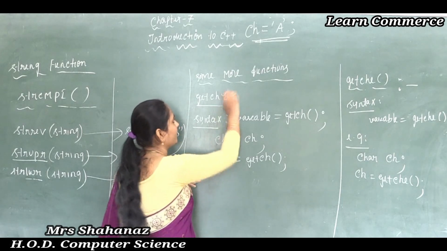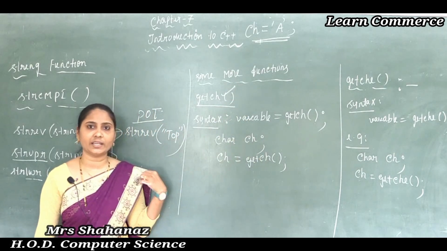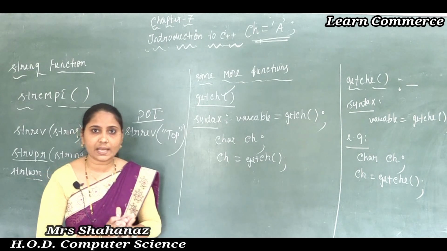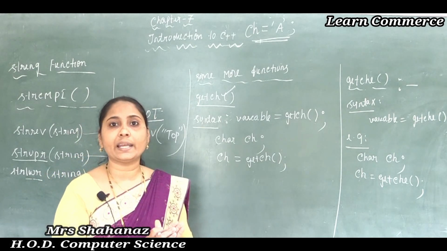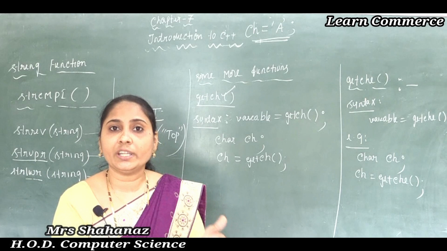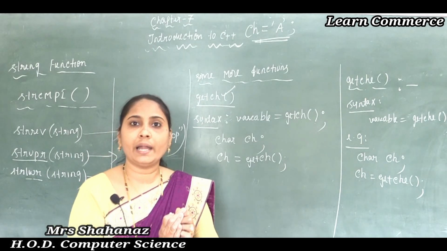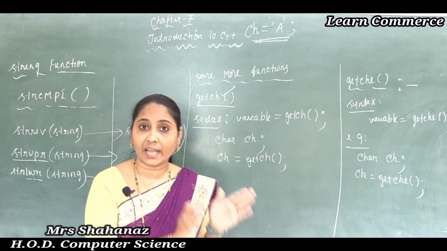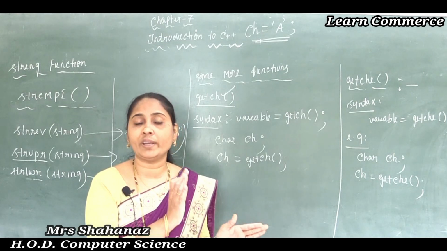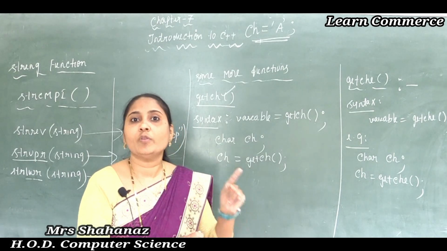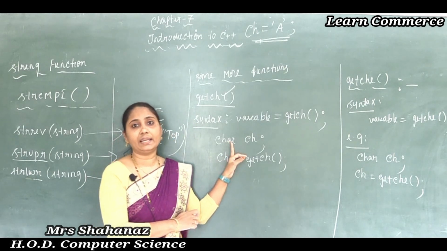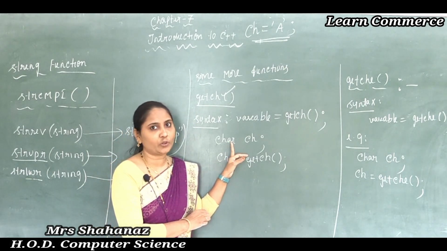So this is the function of getch. Did everyone understand? So it reads the character from the keyboard and does not display it on the screen, but displays it when you press the enter key. Okay, so this is about getch.